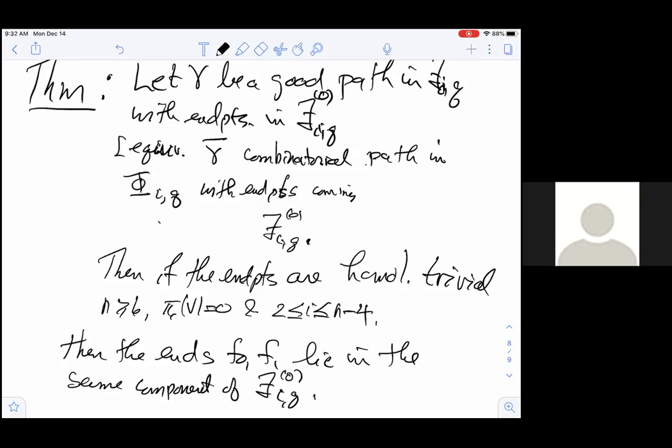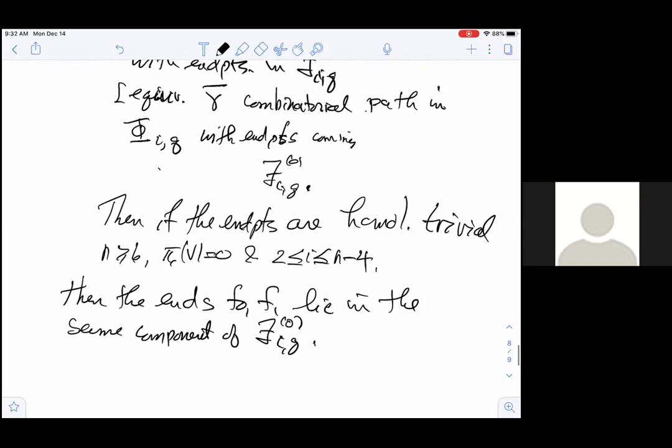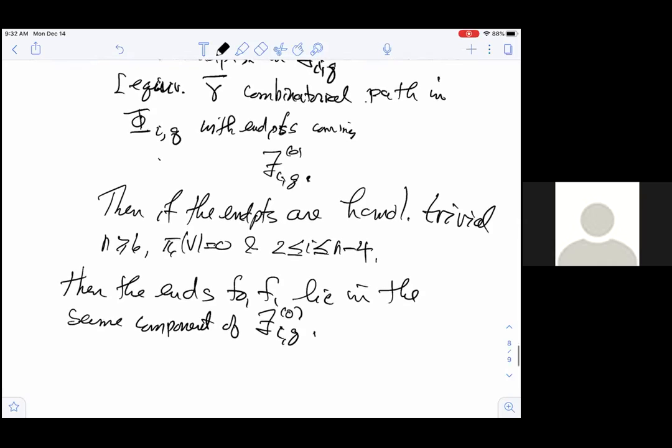So this path may be highly non-trivial, but if both endpoints are homologically trivial, then they're isomorphic.